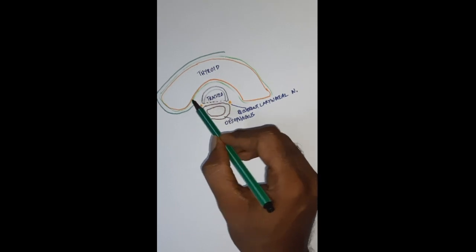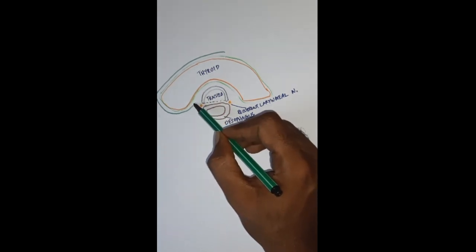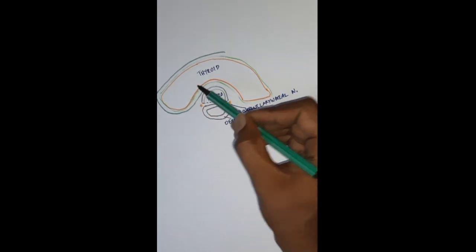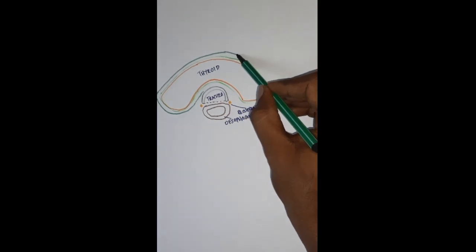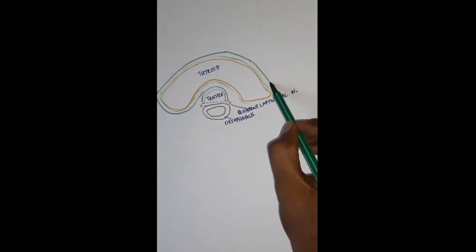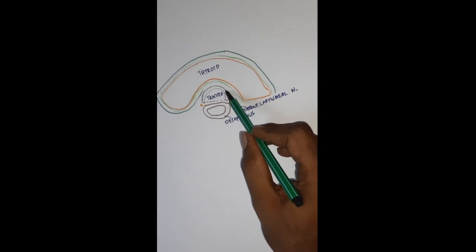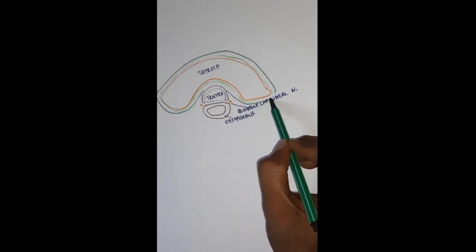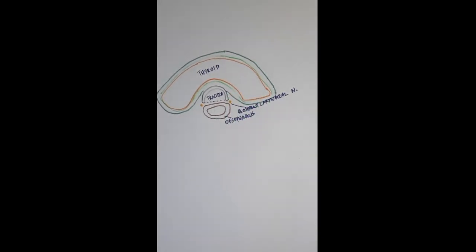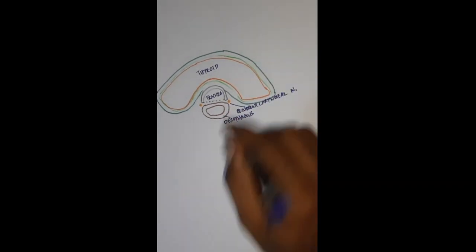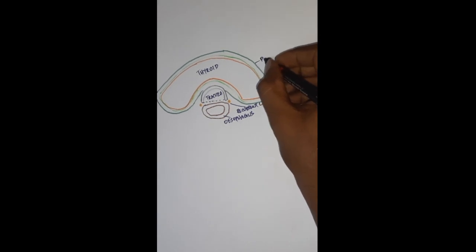The false capsule that you could make out is derived from the pretracheal fascia that surrounds the gland. So the pretracheal fascia is this one, which is nothing but the false capsule.